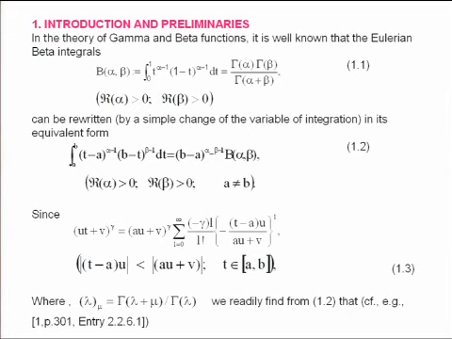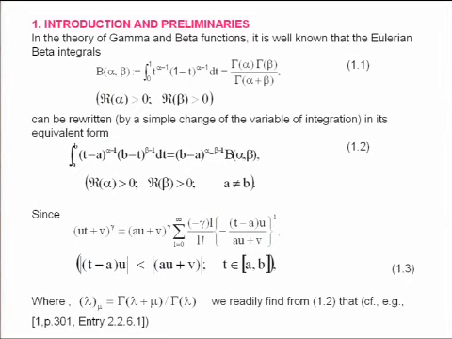Equation 1 can be changed into the second equation: the integral from a to b of (t-a)^(alpha-1) (b-t)^(beta-1) dt is equal to (b-a)^(alpha+beta-1) B(alpha, beta), with real alpha, real beta greater than 0 and a not equal to b.